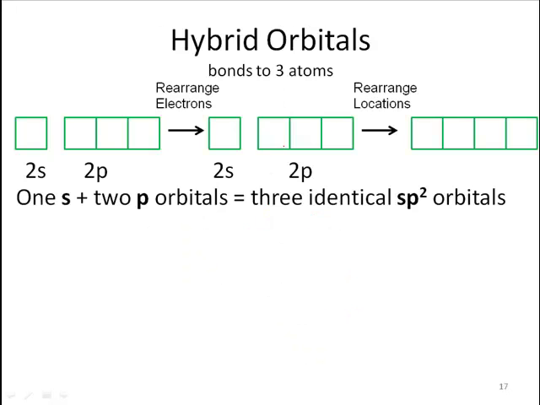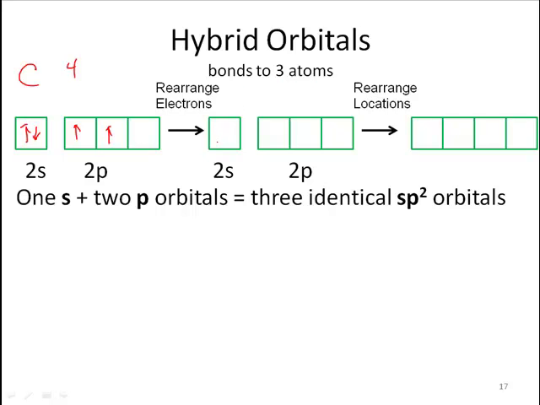Now, what if you had something where carbon only bonded to 3 atoms? Only 3 atoms, not 4. So this is not on your notes. This is an easy way of seeing it, though. Carbon is still up, down, up, up, right? 4 valence electrons. You rearrange the electrons so it will bond to 3 atoms.